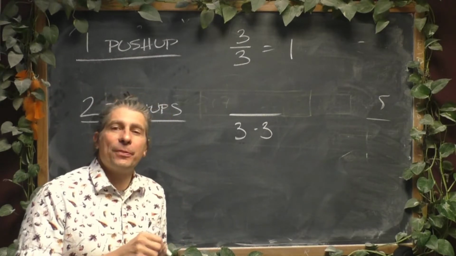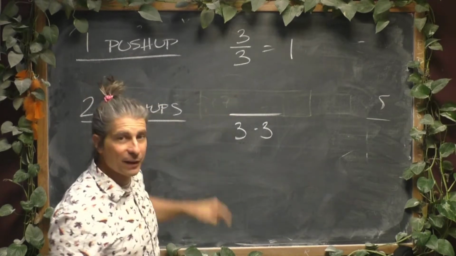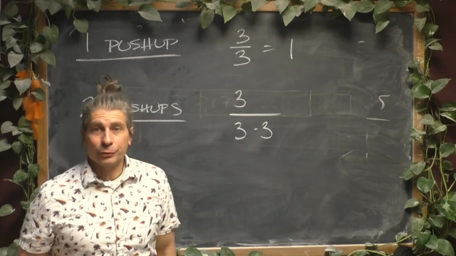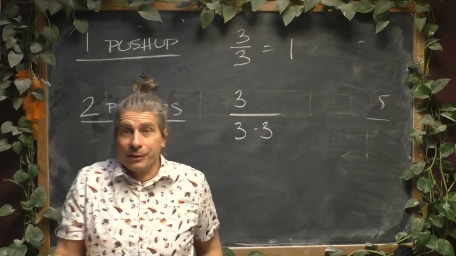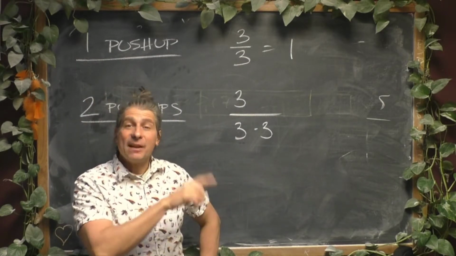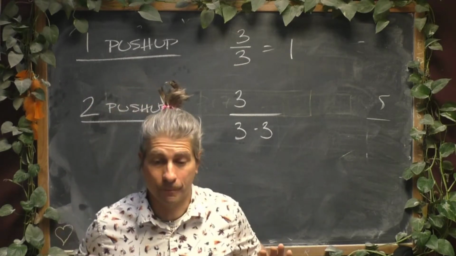But if we want each one to change, let's figure that out up here. So there's still 3 ways to start. Jenny can call whatever number she wants first. That's going to be different because it's the first one. But the second one has to be different than the first one. So let's say the first one was a 1.